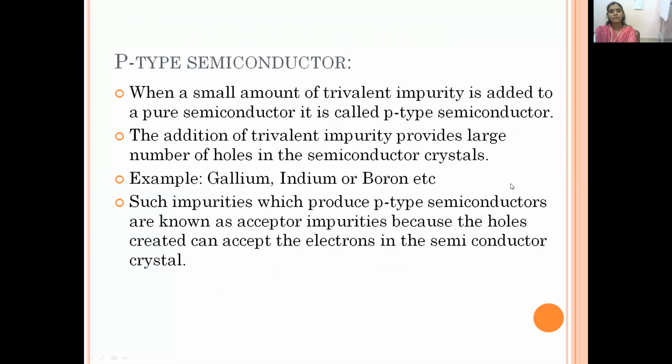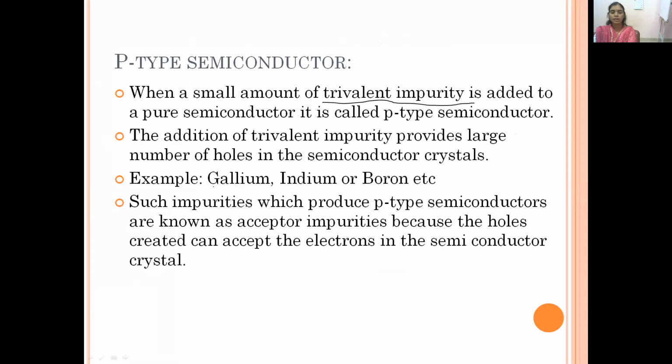Now, next is the P-type semiconductor. When a small amount of trivalent impurity is added to a pure semiconductor, it is called a P-type semiconductor. The addition of trivalent impurity provides a large number of holes in the semiconductor crystal.